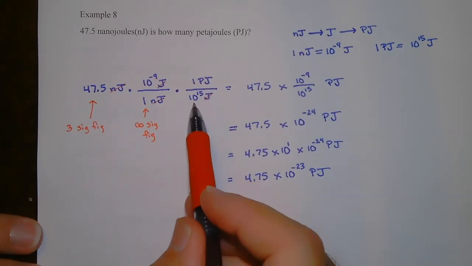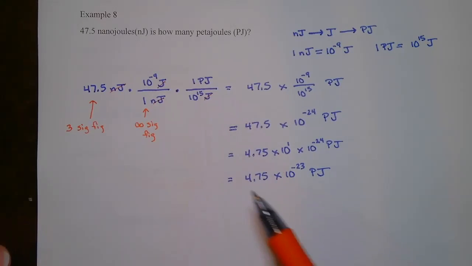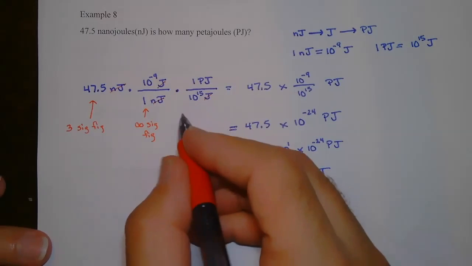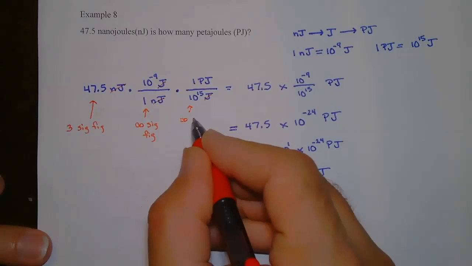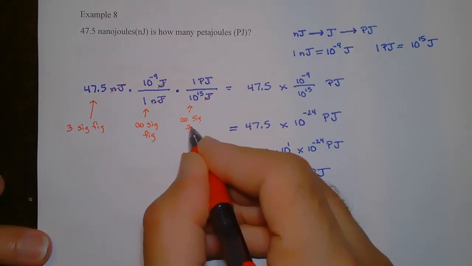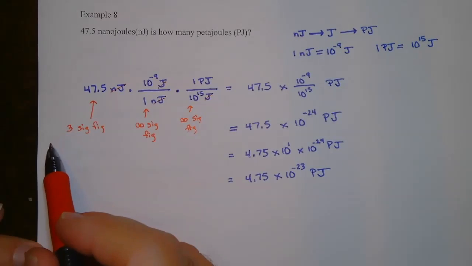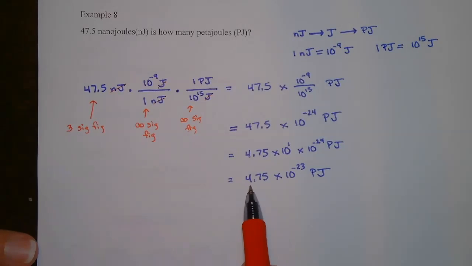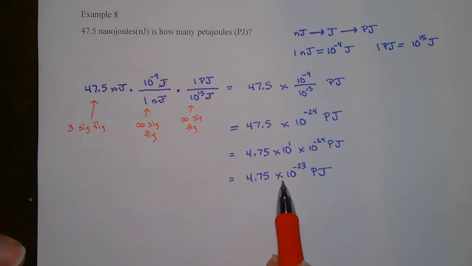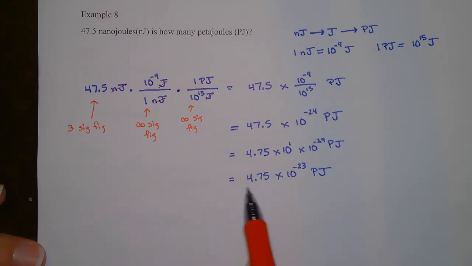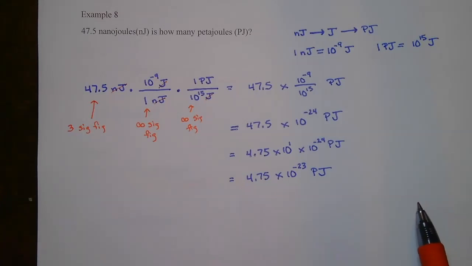The 1 petajoule over 10 to the 15th joules is also by definition, since peta means 10 to the 15th, so it also has infinite significant figures. The one with the fewest is 47.5, with 3. So our answer needs 3 significant figures, and lo and behold, it has them. If we had more digits than these 3, say out to 4 decimal places, we would need to round.